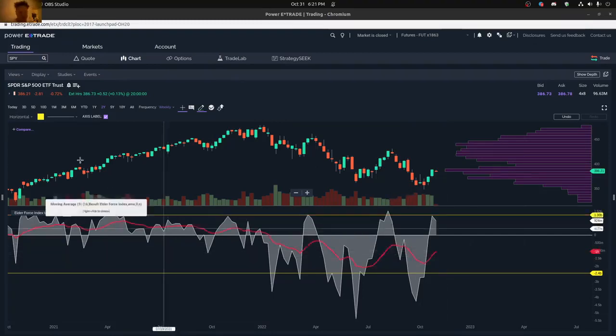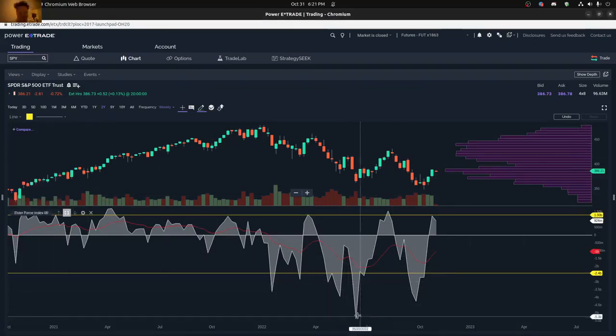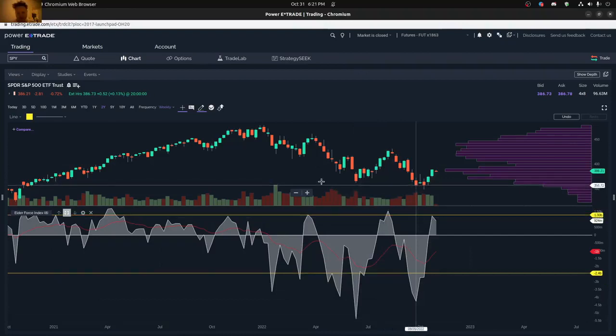Let's talk about divergences first because they're a little more interesting and fun to see. So basically, here's an example of a divergence. This actually made a lower low here on the chart, right? But on this chart, it actually made a higher low.